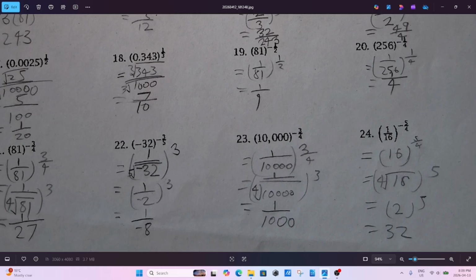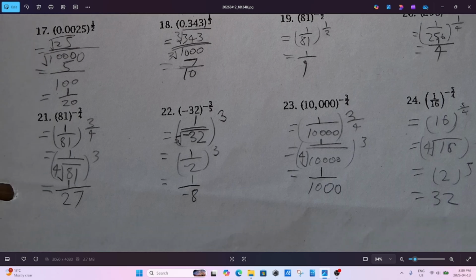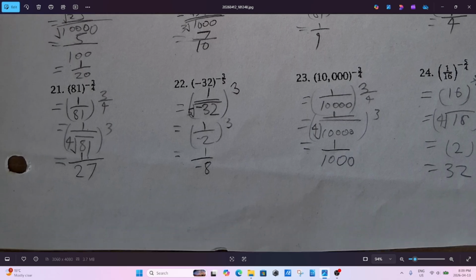So we're getting the fourth root of 256, which is 4, so 1 over 4. Question 21. 81 to the exponent negative 3 over 4 is equal to 1 over 81 to the exponent 3 over 4, which is equal to 1 over the fourth root of 81 cubed, which is equal to 1 over 27.